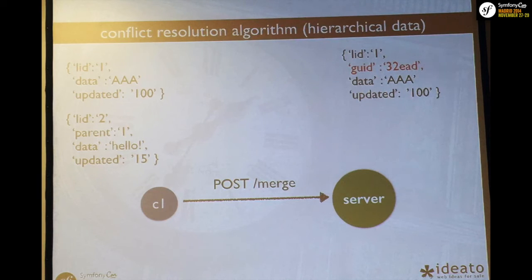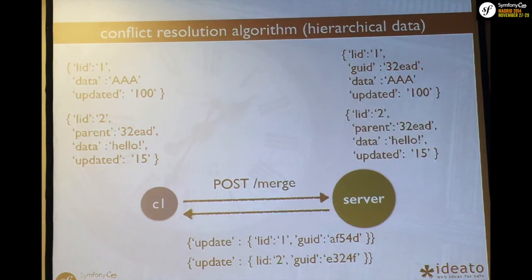After that, we update the reference on that record because now it's synchronized, and we can synchronize the second record. After that, we can produce a response for the mobile client where we tell it just update the first record with local ID 1 and the record with local ID 2. Just assign this global unique identifier to them.